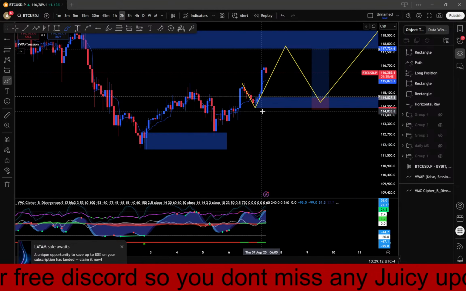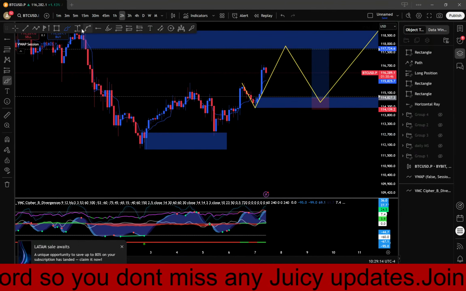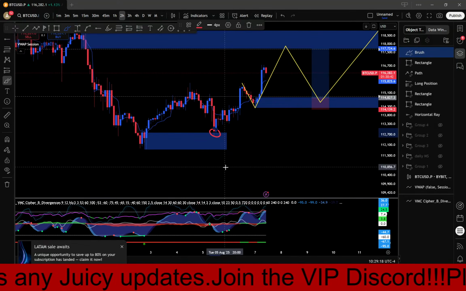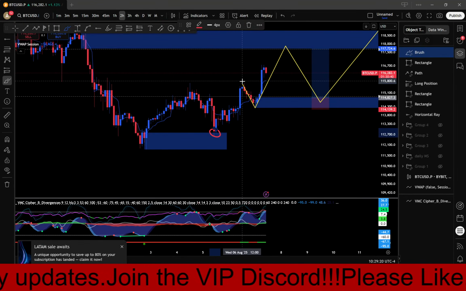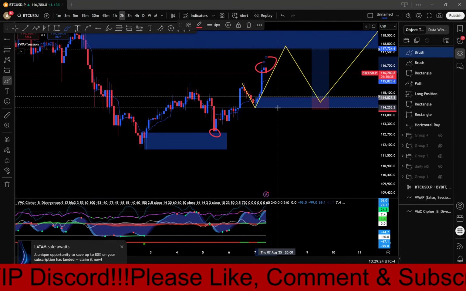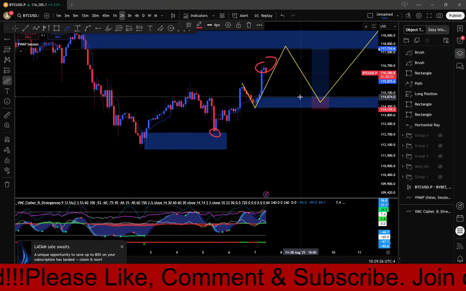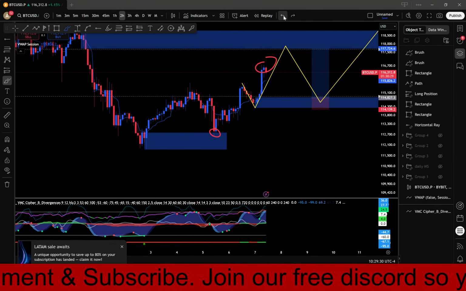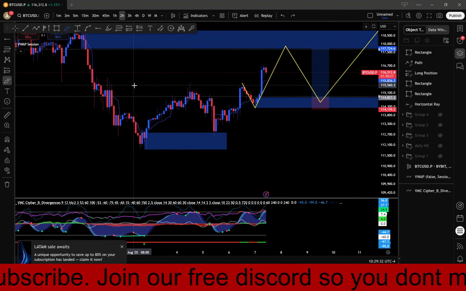But anyway, we made a higher low, then we put in a higher high. I could say a higher high comes in here, so we're looking for a pullback to maybe make a higher low. That is what I'm looking for.